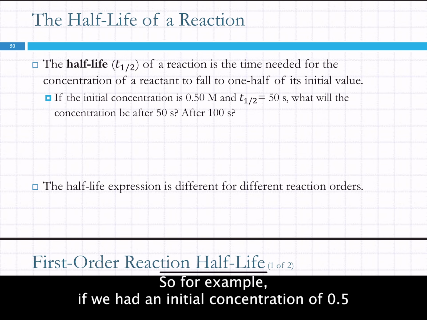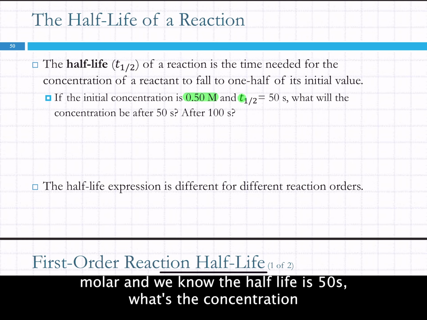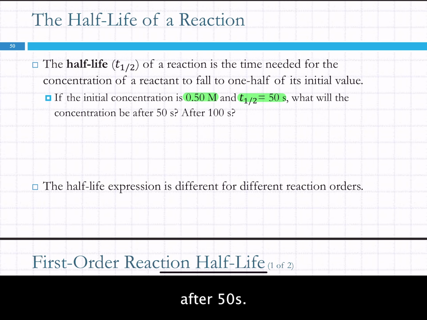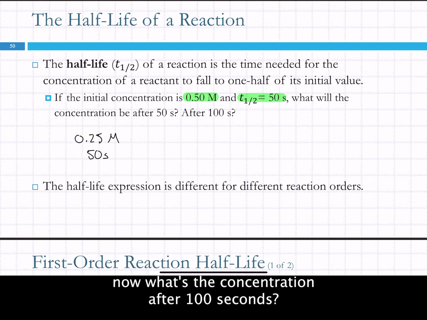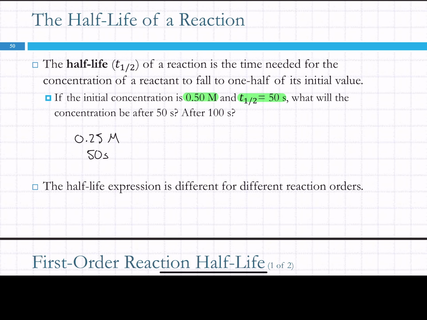So for example, if we had an initial concentration of 0.5 molar, and we know the half-life is 50 seconds, what's the concentration after 50 seconds? 0.25. So after 50 seconds, now what's the concentration after 100 seconds? 0.125.